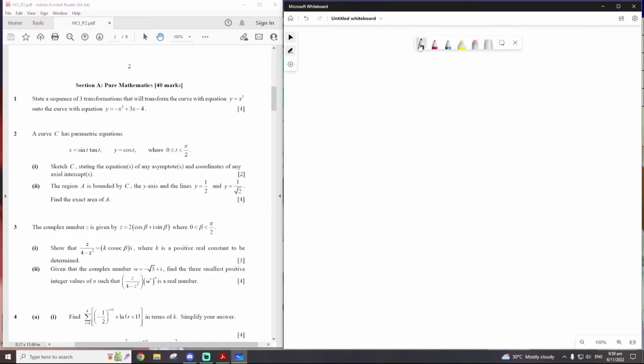Question 2 is parametric. So sketch the curve for the domain of t is 0 to pi over 2, so take note of that. So this is x and this is y. So you can of course just use your GC to sketch this, and if you do, you'll get a curve that looks something like that.